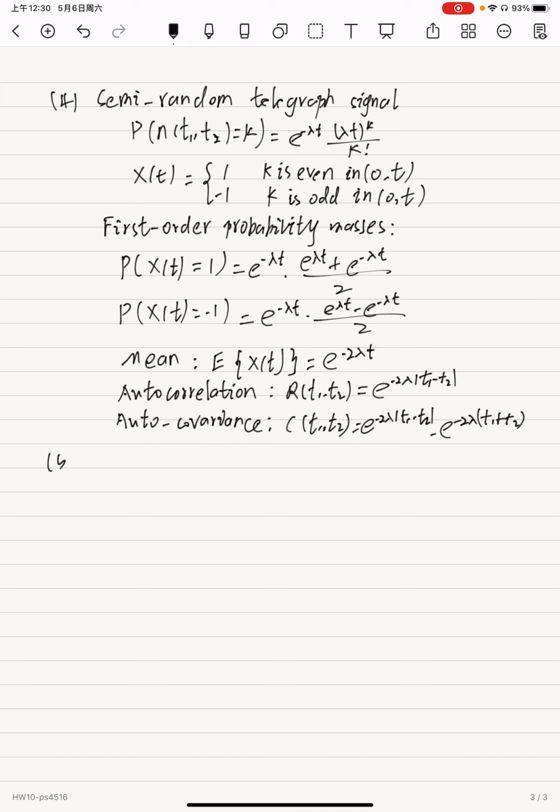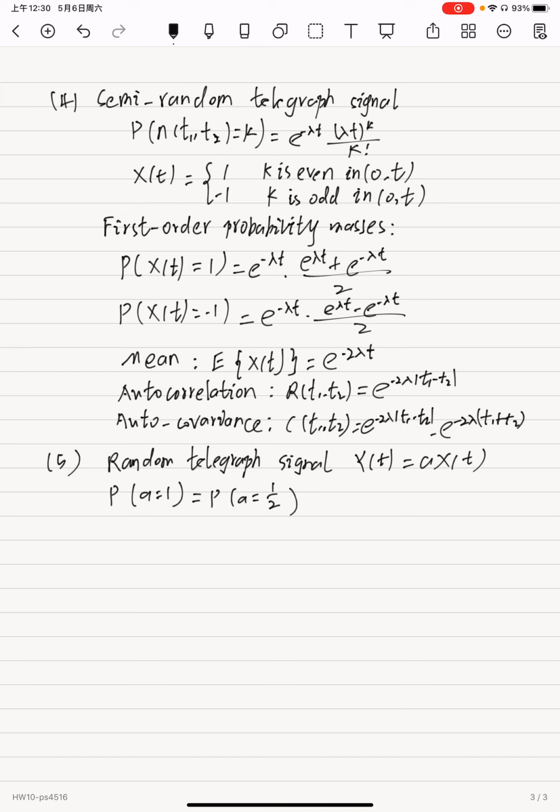And the next one, the random telegraph signal, Y(t) equals A X(t), where P(A equals 1) equals P(A equals negative 1), which equals a half, and where X(t) is the semi-random telegraph signal.